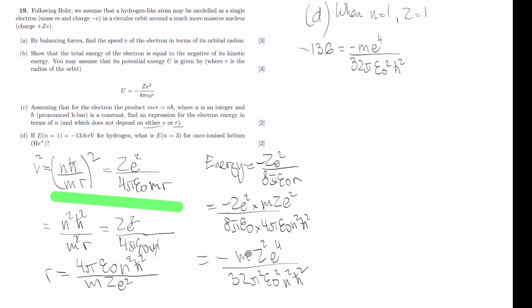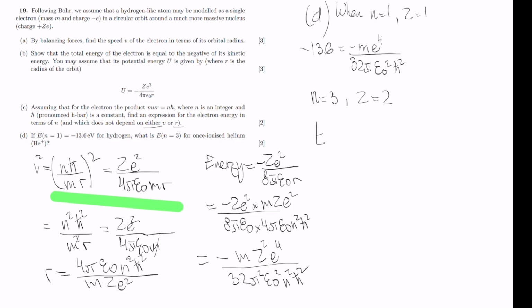All I've done is I've taken this formula and I've said Z is equal to 1 and n is equal to 1. Okay, now, for the next case, for helium, and in particular, n is equal to 3, and then Z is equal to 2.